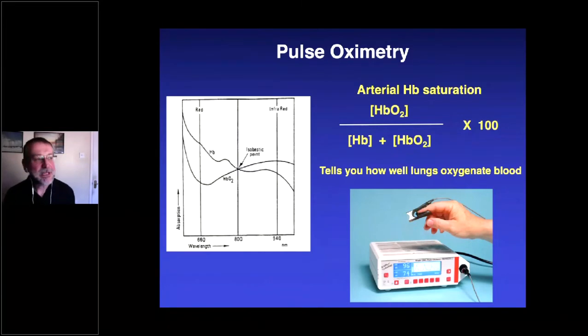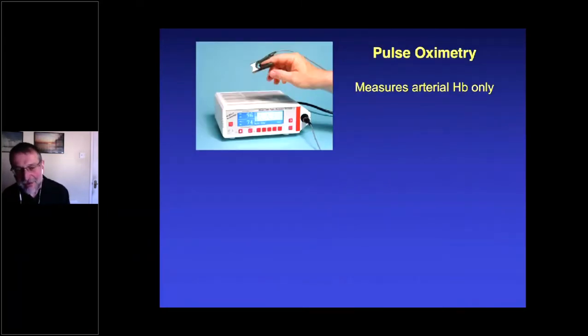So you can be absolutely sure every COVID-19 patient in hospital is having one of these devices measured on them all the time to make sure their lungs are working, and their care will be determined in large part by the numbers on this device. But remember, it just measures the arterial blood. In fact, it locks into the pulse of light.